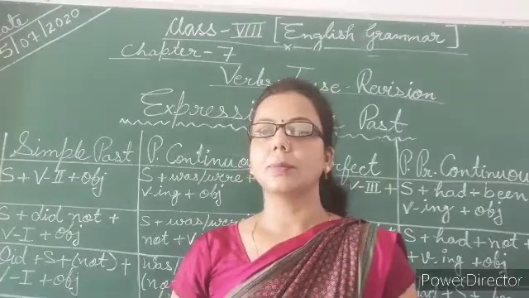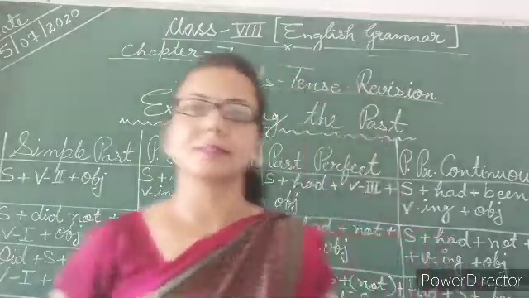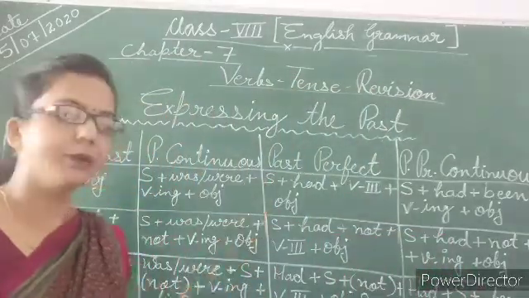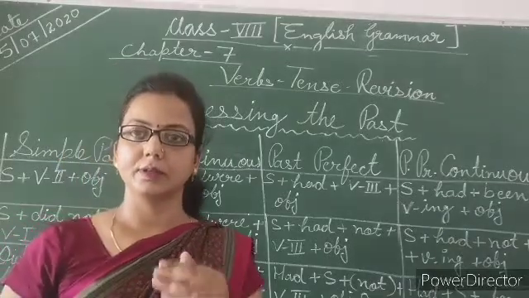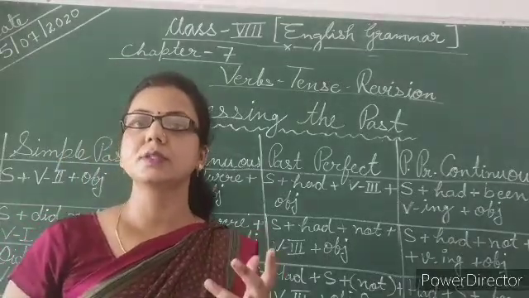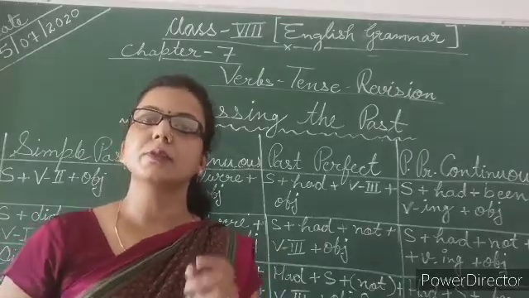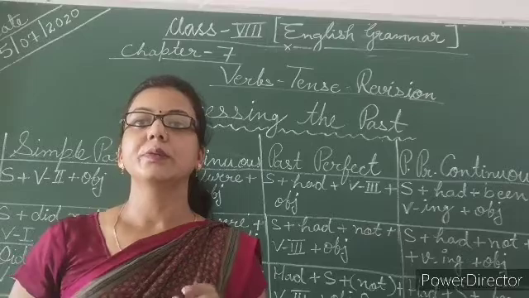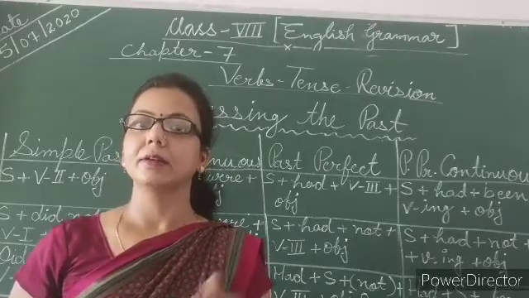Now our next topic is past perfect tense. For perfect form, as we used in present, we need the third form. So here again we need to use the verb's third form, with the addition of the word had.